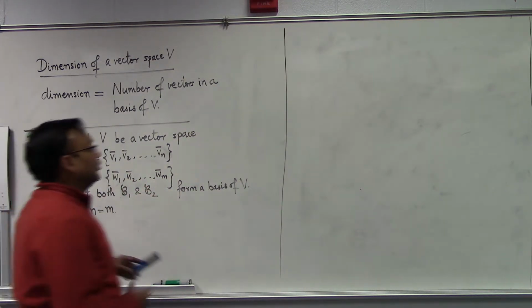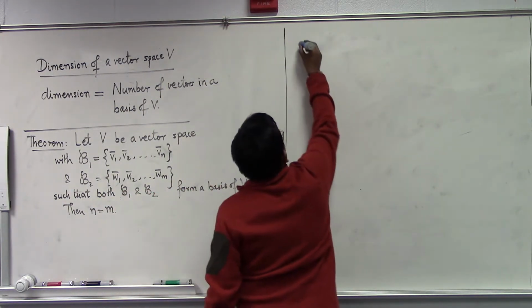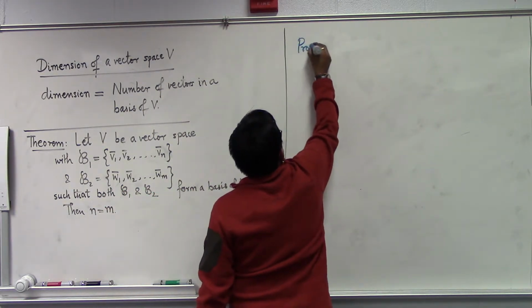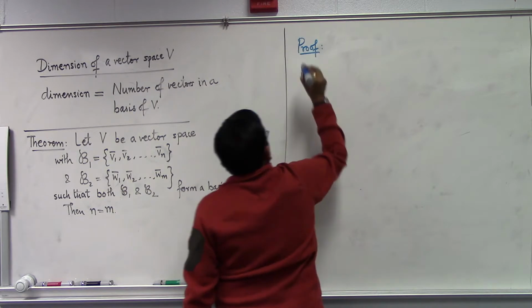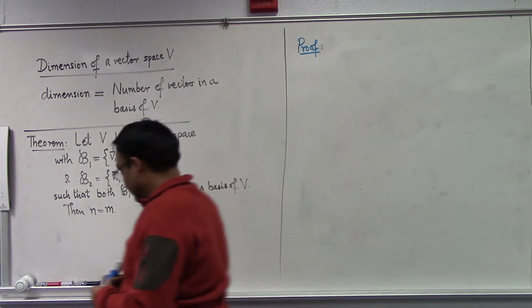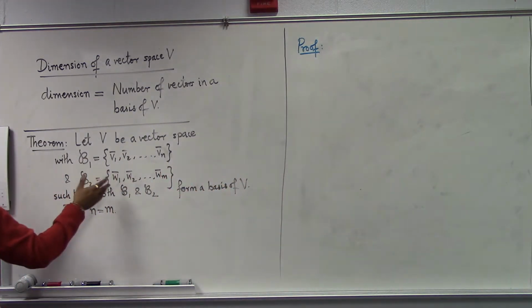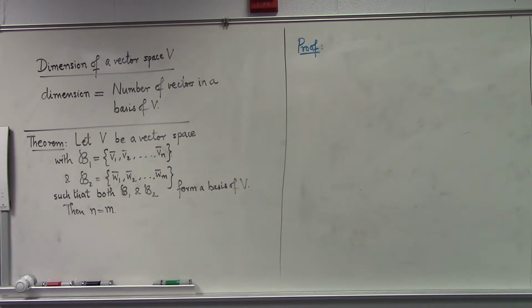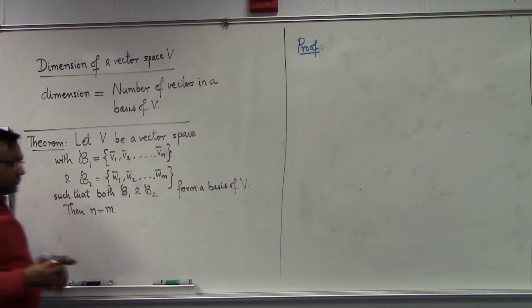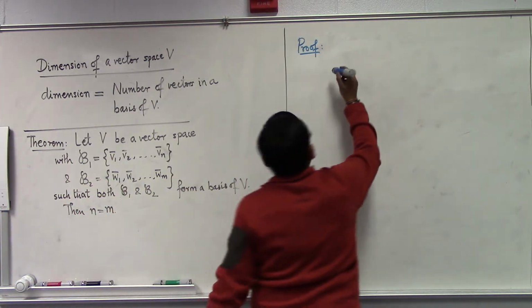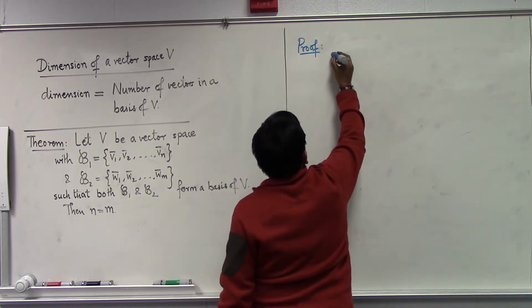So how does the proof go of something like this? Remember, my idea in that example was to write each basis vector in terms of the other basis vectors. So for example, if I'm claiming that both of them are bases, that means I will be able to write W1 as a combination of the vectors in B1.